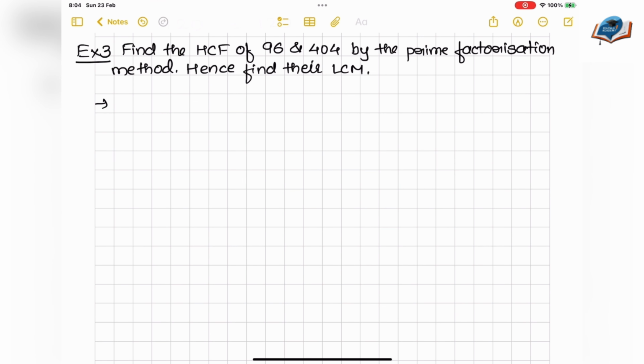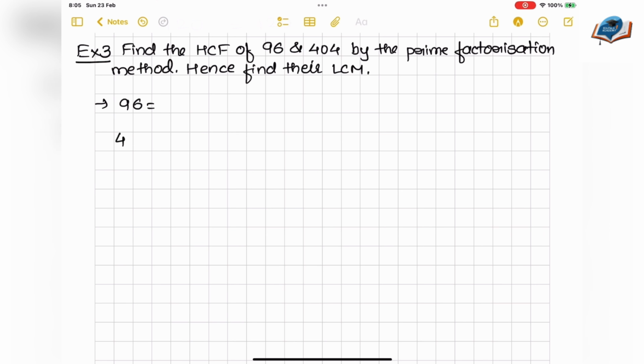Now the next question is: find the HCF of 96 and 404 by the prime factorization method, and hence find their LCM. To do this, first we need to find the prime factorization of 96 and 404. So let us do that.